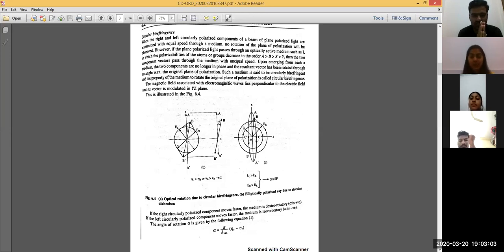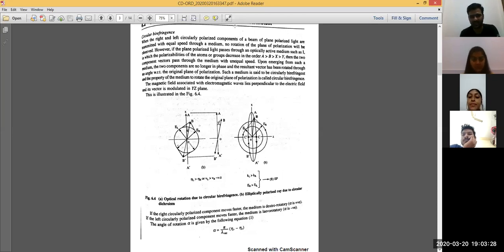What is circular birefringence? Circularly polarized light is not traveling at the same rate through a chiral environment. That is called circular birefringence. Because the right circularly polarized light may travel faster as compared to the left circularly polarized light, the resultant will make a plane polarized light which will be at an angle, like you saw in the previous example.